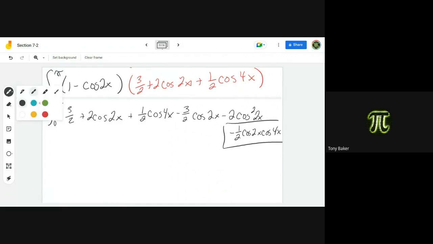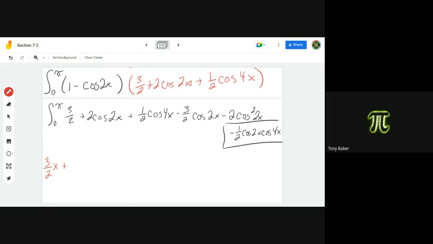So we can change this part right here. We'll change that part in a minute. Let's actually go through and do the integral for each part. So we have the integration done, and then we'll come to that part there. The integral of 3/2 is 3/2x. The integral of cosine 2x is 1/2 sine of 2x, right?